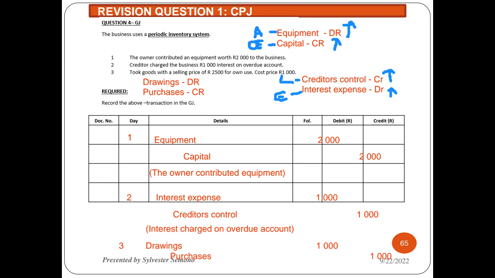Does that make sense? Unless the owner bought, we sold to the owner, we would use the selling price. But for the mere fact that we did not sell, the owner just took it, it's like for free. We just use the cost price, because at the moment when we have the goods, they are at a cost, and when we sell them, we increase the price. Does that make sense?